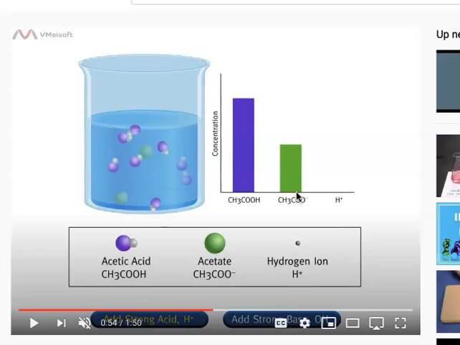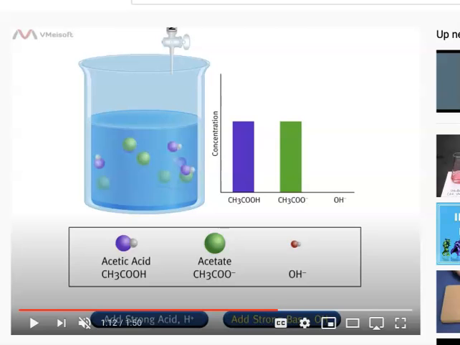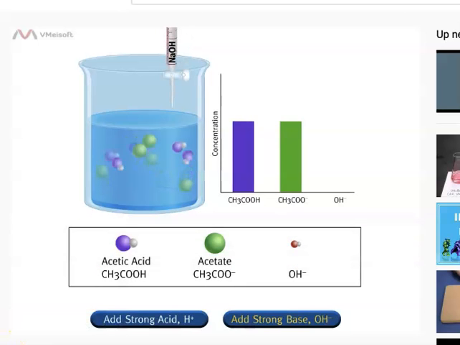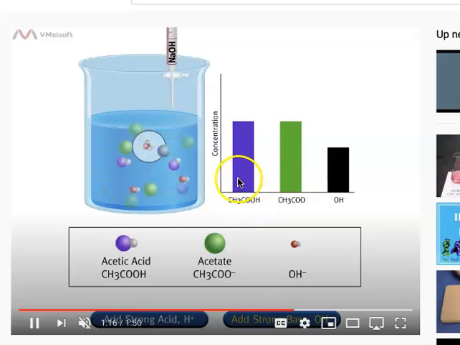If somebody overcomes the buffer systems of the body, they get really, really sick. That's called, well, it depends on what it is, but it's either an alkalosis or an acidosis condition. What we'll see now is when OH minus starts to enter the solution here, a very similar thing happens, but instead that OH minus consumes the weak acid.